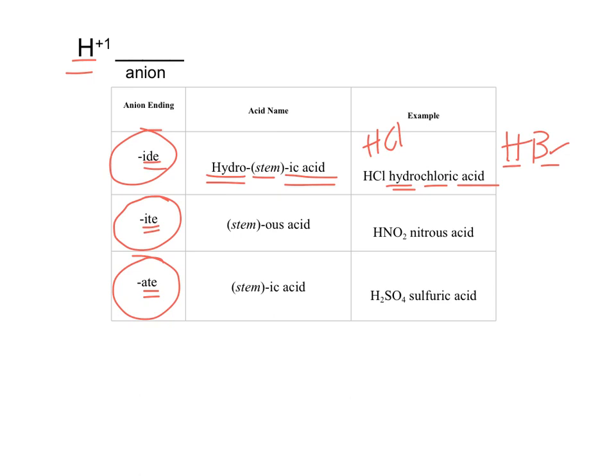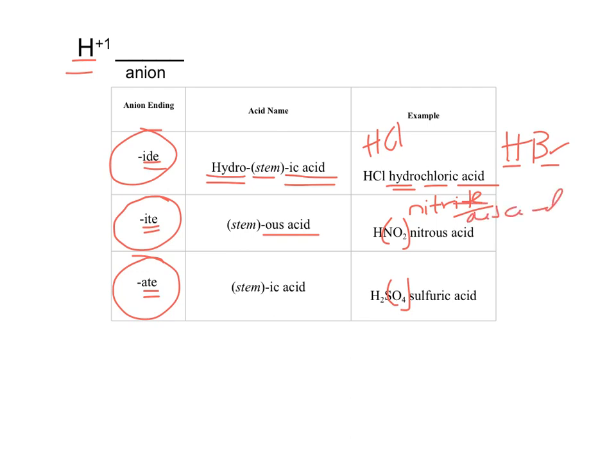When you have a polyatomic, or I'll call them groups, you drop the hydro and you focus on the name of the group. So in this case, because NO2 is called nitrite, ite is going to switch to ous acid. So this becomes nitrous acid.